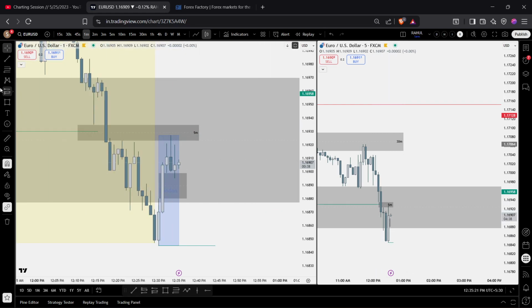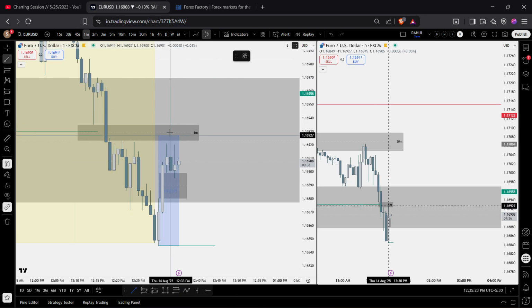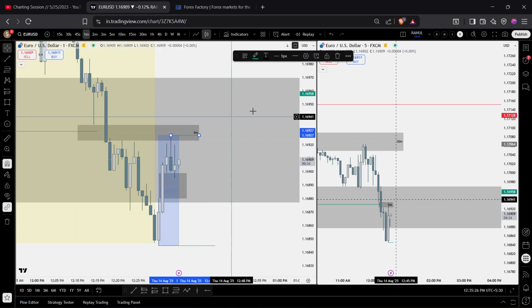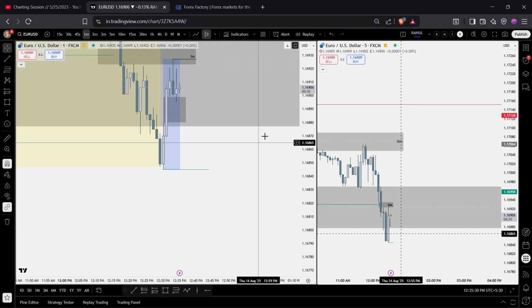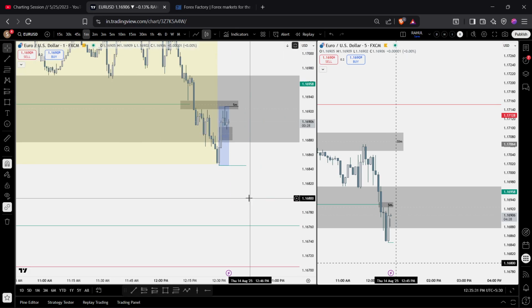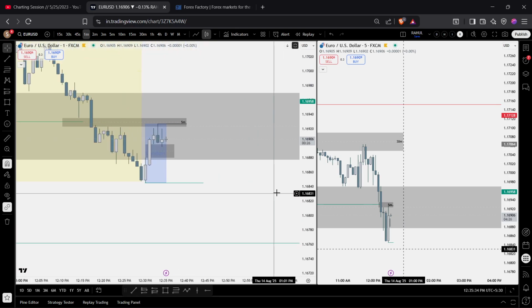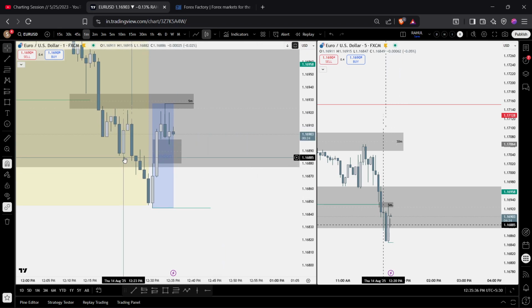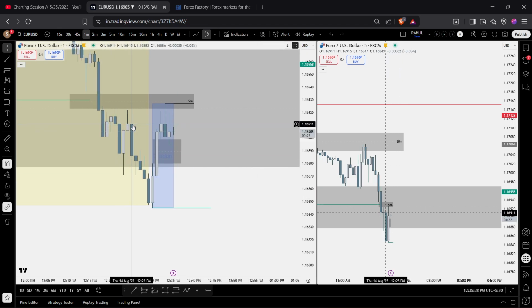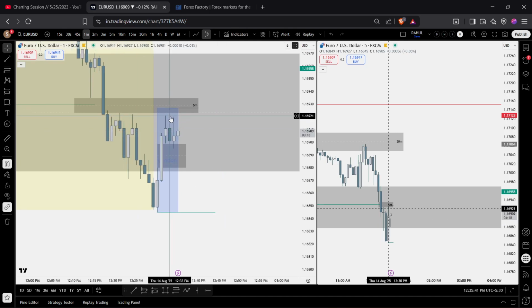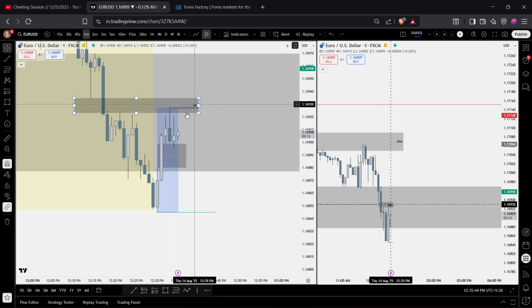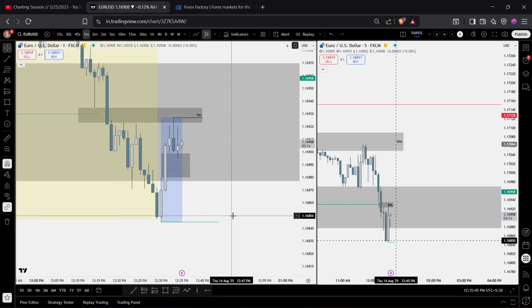If you do see another sweep, then we can confirm a slight bearish bias to take the previous Asian low. But this is not a CISD. We didn't get a CISD in the 1 minute time frame. Just swept that high, expecting this 5 minute FVG.